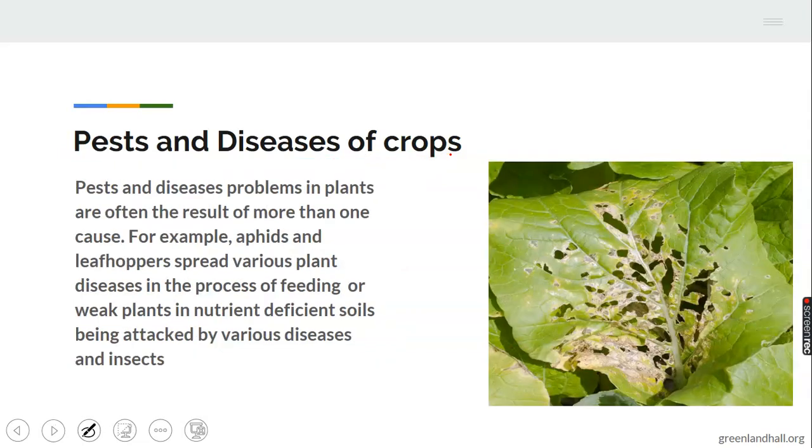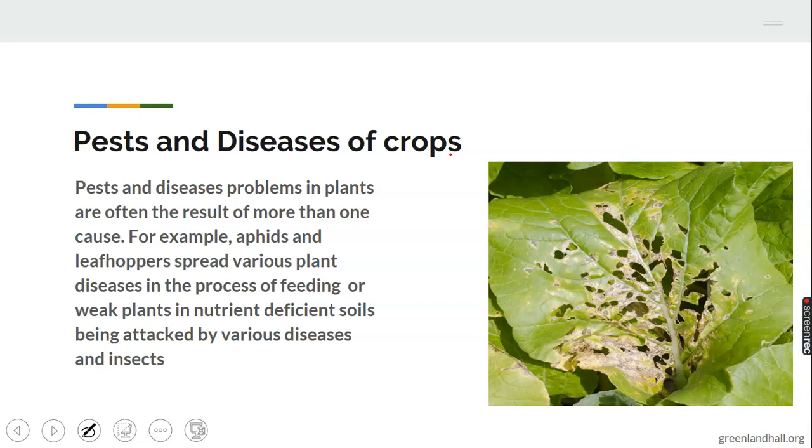Now, pests and diseases problems in plants are often the result of more than one cause. Sometimes it's not just one particular thing that causes these diseases. Look at this picture that we have here. You can see this leaf has been destroyed with the activities of all these insects. If you follow mommy to the market, and you want to buy vegetables, and you see something like this, even you will tell mommy, we cannot buy this.